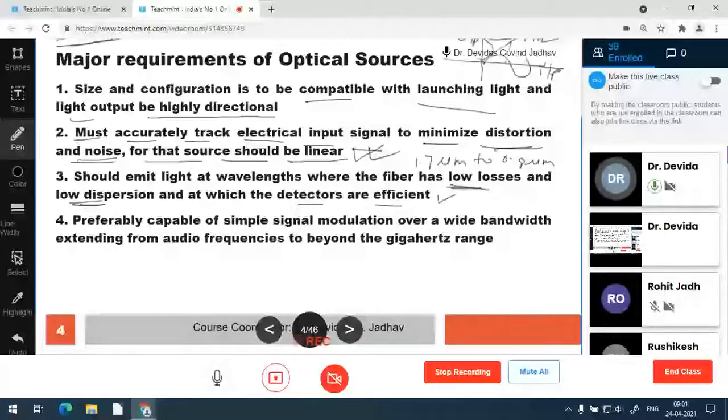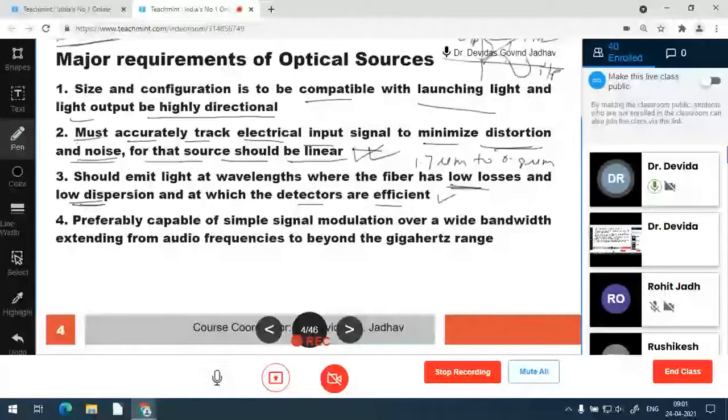If suppose the source is of one wavelength and the detector has a different detection wavelength, then the detector will have very minimum or no output. It will not detect photons of a different wavelength. So to detect efficiently, the detector should match the source value.